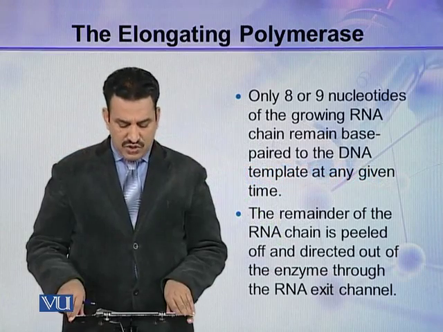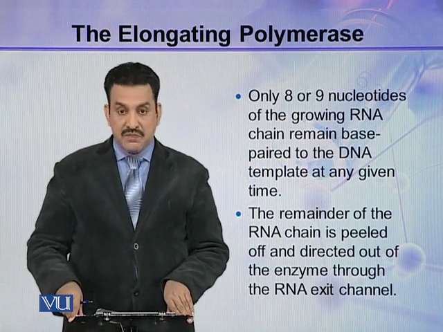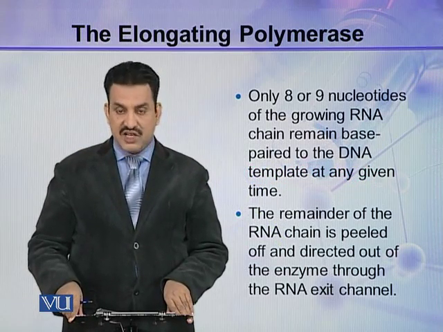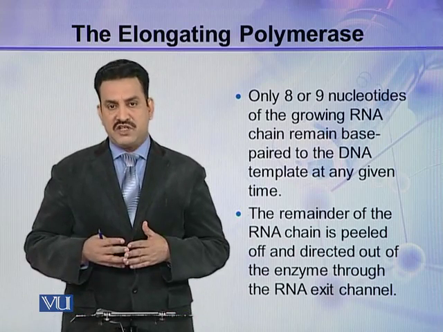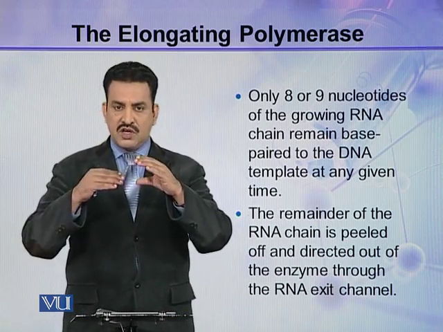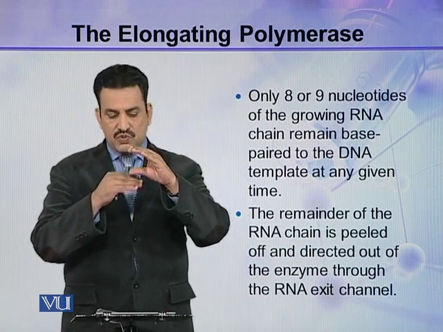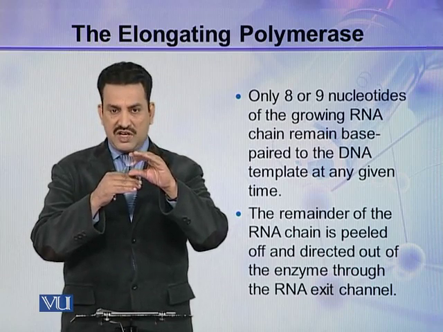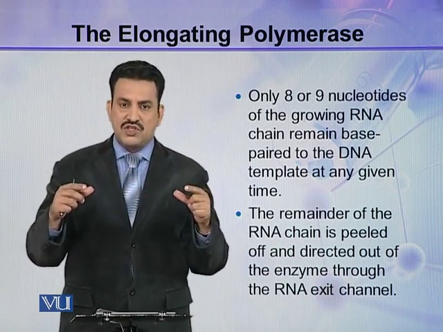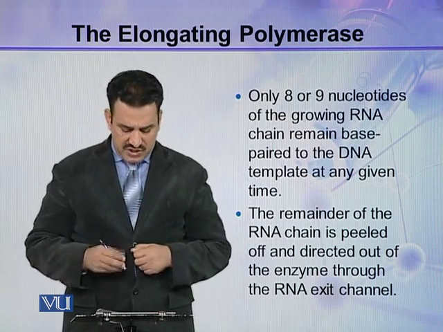Only 8 or 9 nucleotides of the growing RNA chain remain base paired to the DNA template at any given time. So you have seen that during synthesis, the newly synthesized RNA strand is attached to the DNA strand by only 8 or 9 bases.